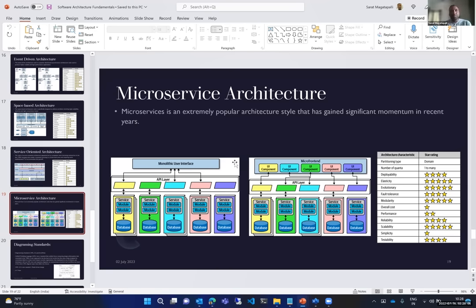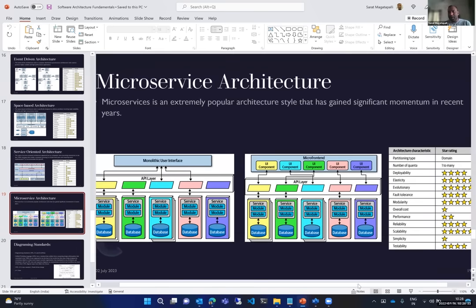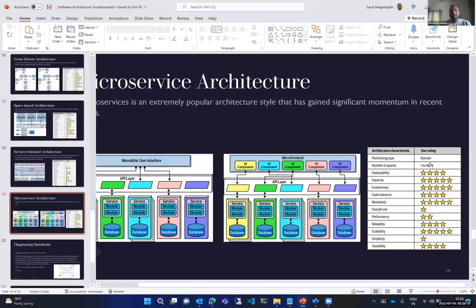So microservice is one more recent architecture which is more popular these days, right? With the cloud evolution and all, people started thinking about microservices architecture, right? So what are the advantages of a microservice architecture? As you see on the right hand side, we have the characteristics rating.